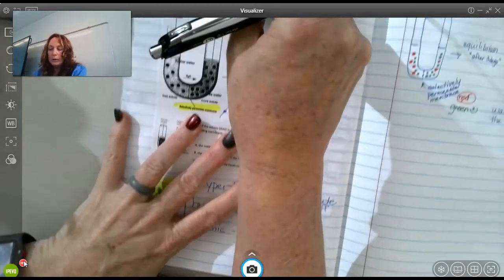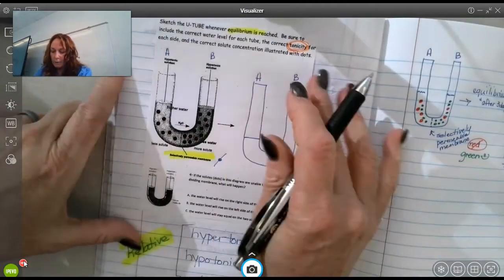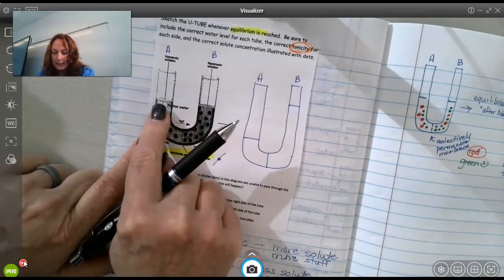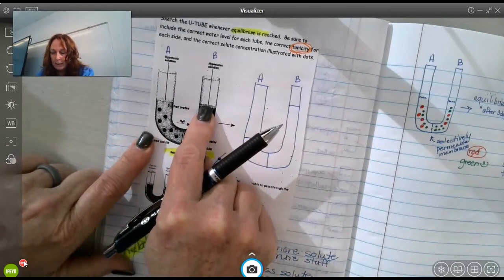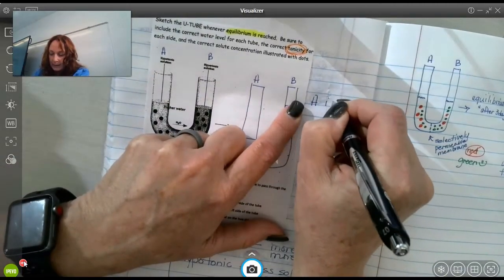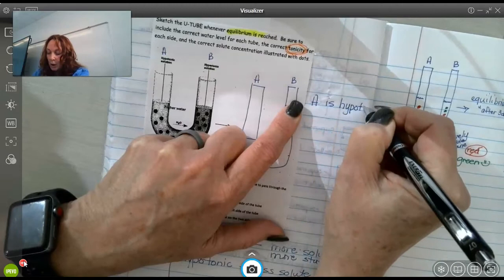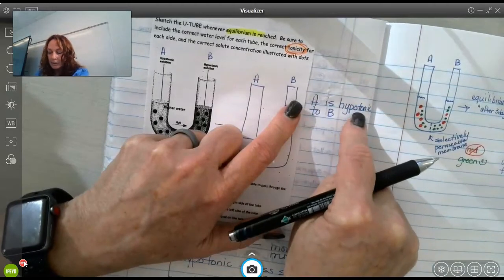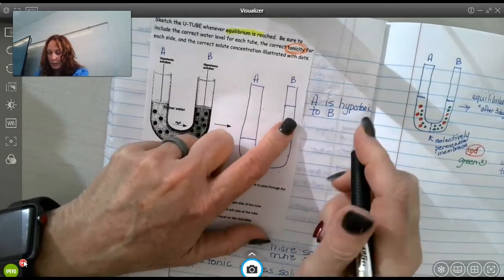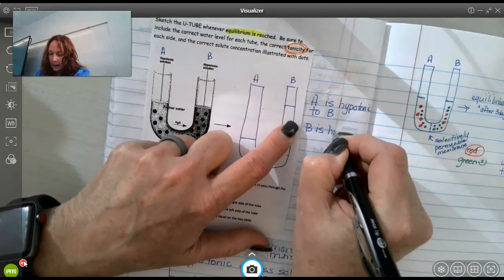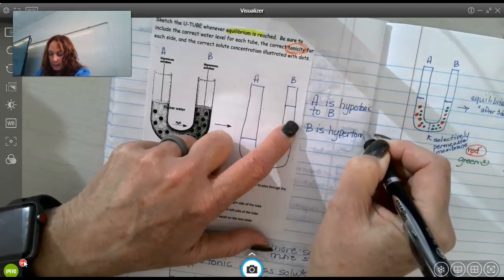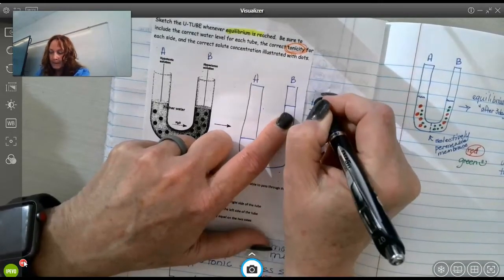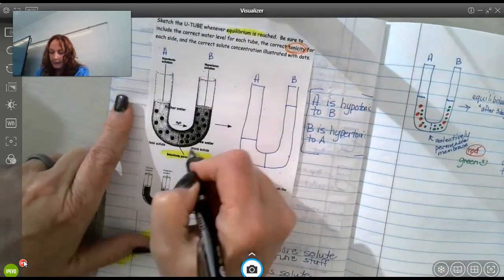So let's go up here and let's put words up here. You probably can't even read those. There's less stuff in the same amount of water in A compared to B. So I would write A is hypotonic to B. A is less stuff compared to B. I could say B is hypertonic, more stuff compared to A. This is going to be in this figure here.